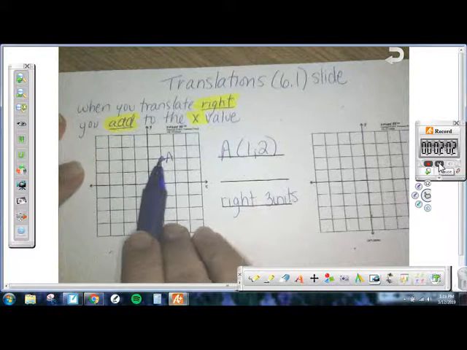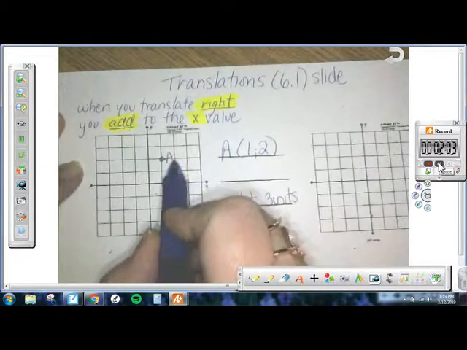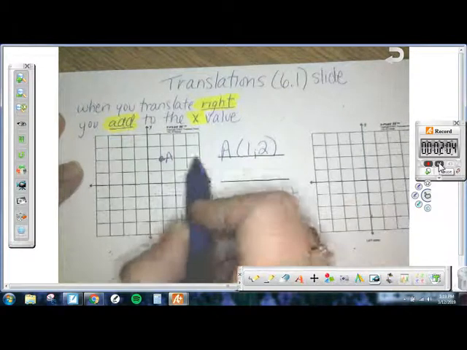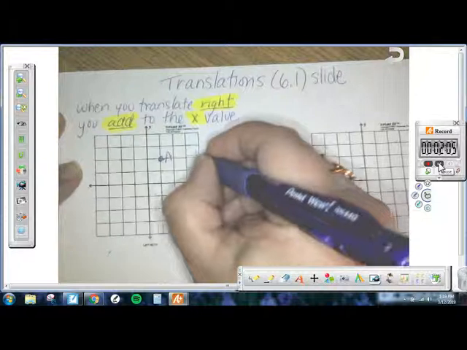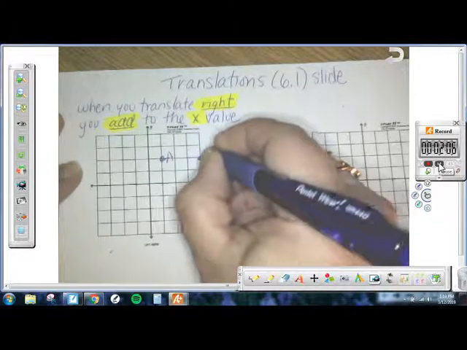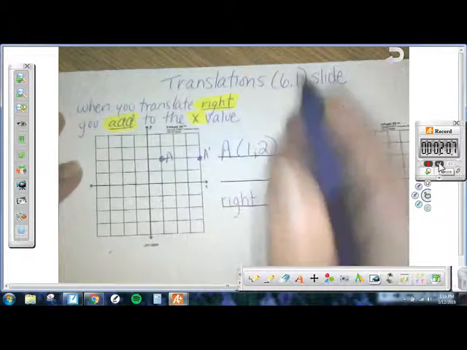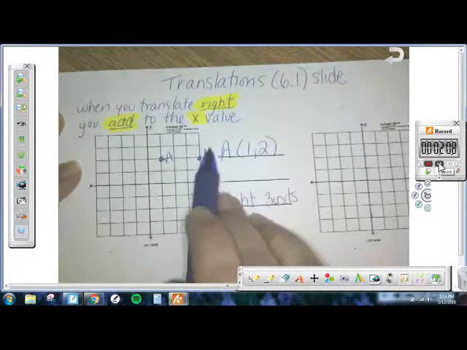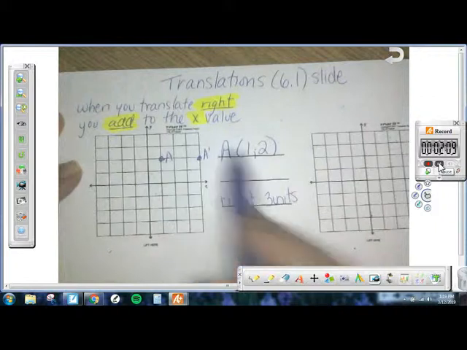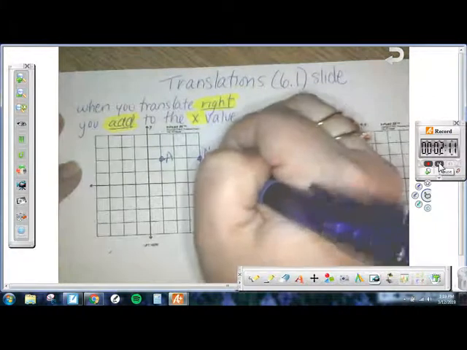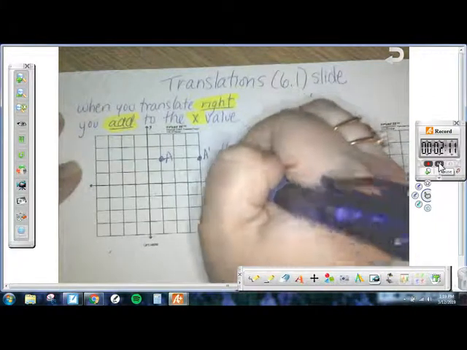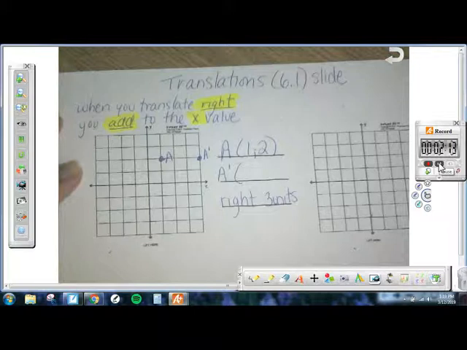Let's do the same point again. 1, 2. We're going to move it to the left, which means we're going to subtract from the x value. So we're going to subtract from that x value. We are going to move 3 to the left.